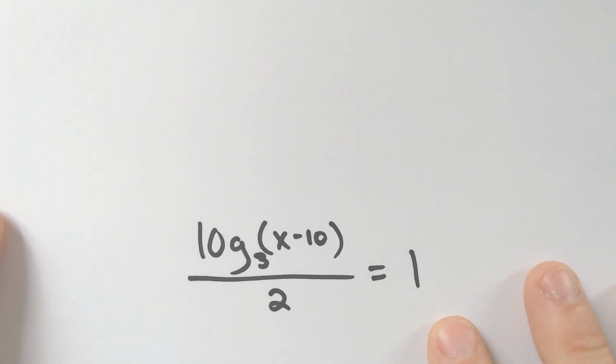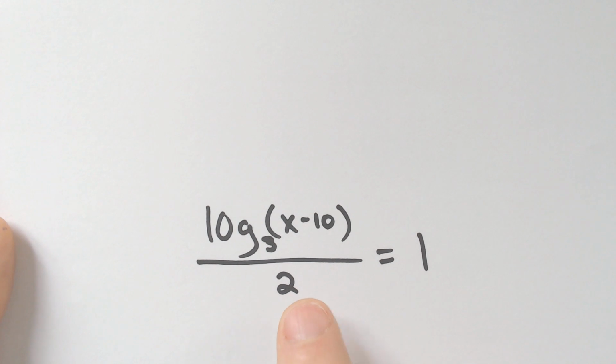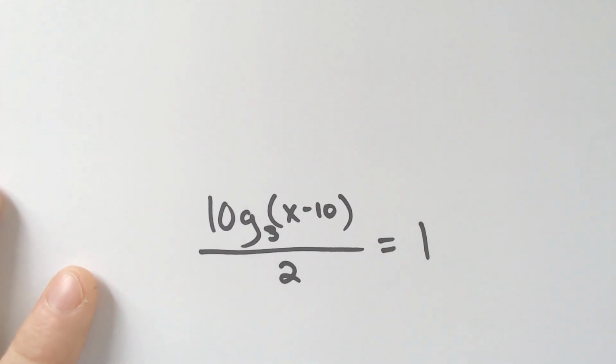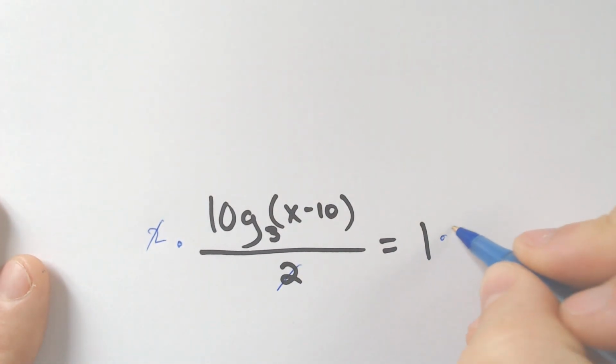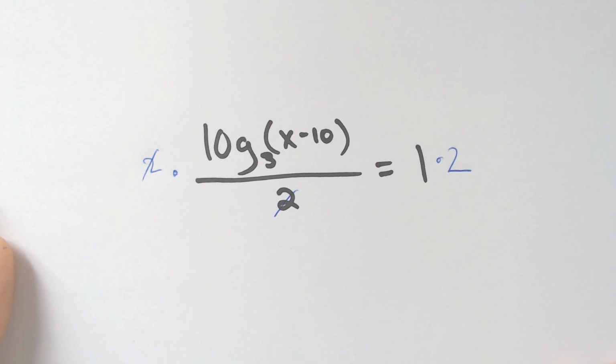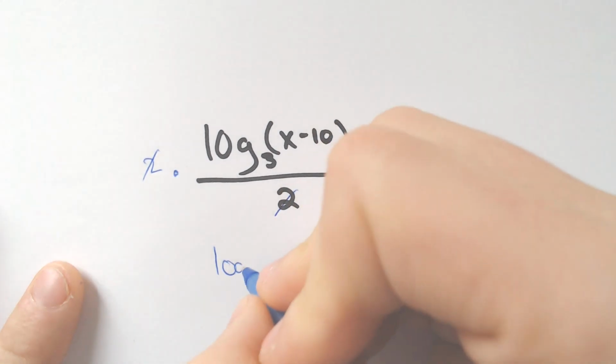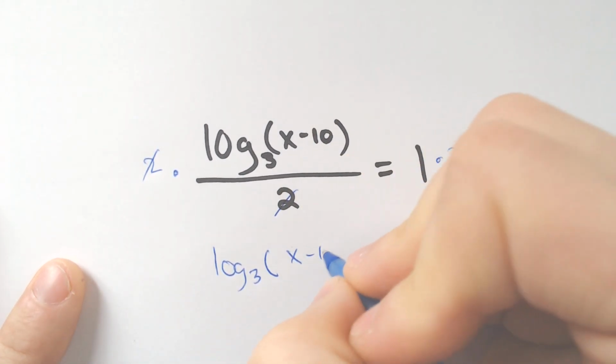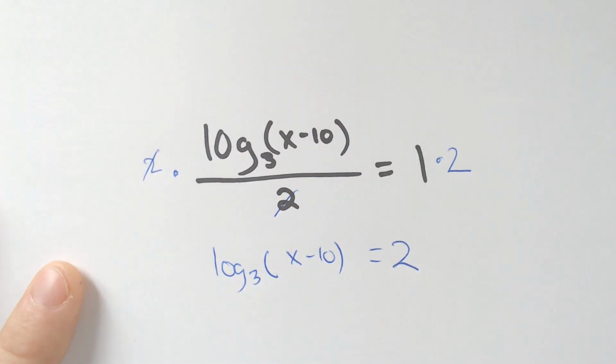We got one more, just one more. Here, if you have a 2 on the bottom of the fraction, in order to get rid of the 2, we would multiply by 2 and multiply by 2. So that would leave us with log base 3 of x minus 10 is equal to just 2, because 1 times 2 is 2.